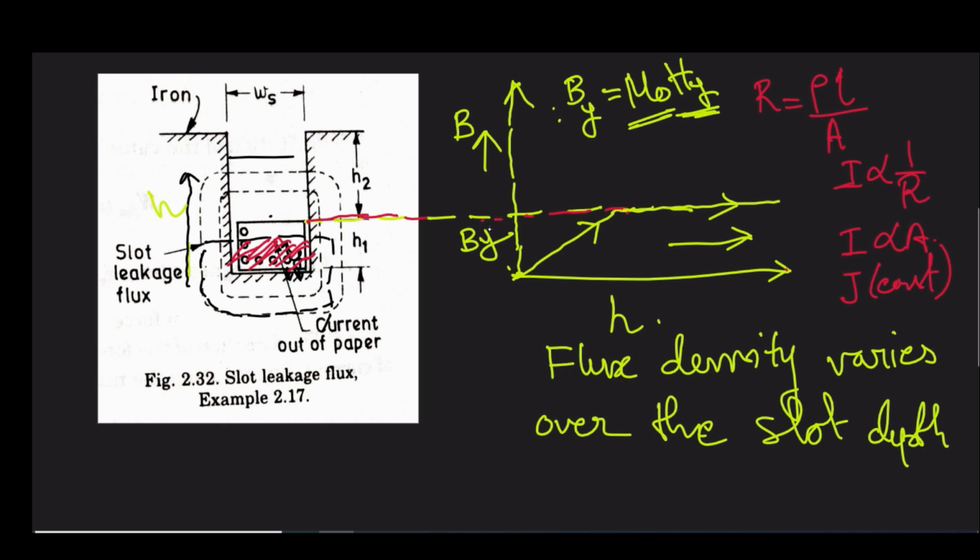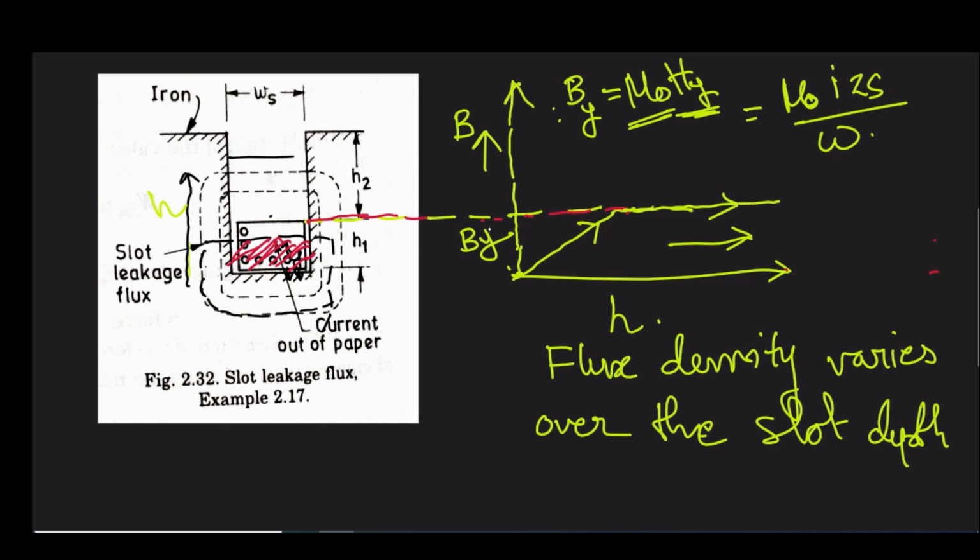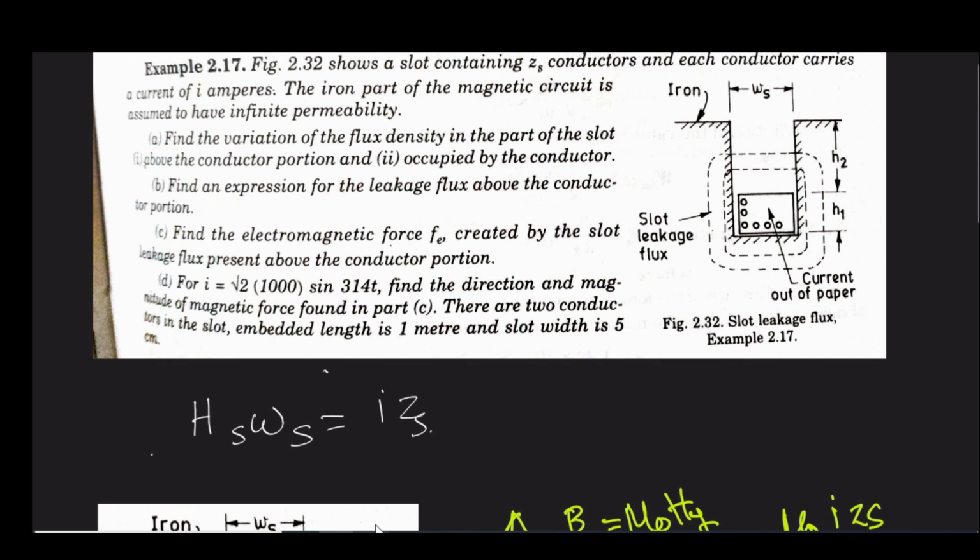Now what is Hy? You tell me what is Hy for the total, when you consider the total enclosed current. You will get it is mu naught Izs by Ws. Why? Because here you can see that I have written HS, it should be WS.